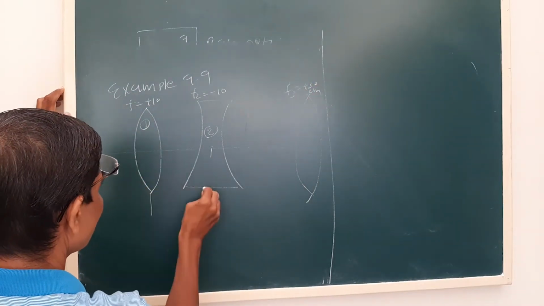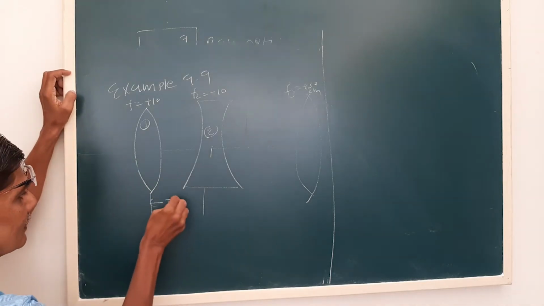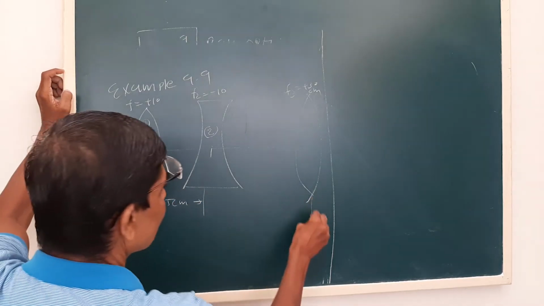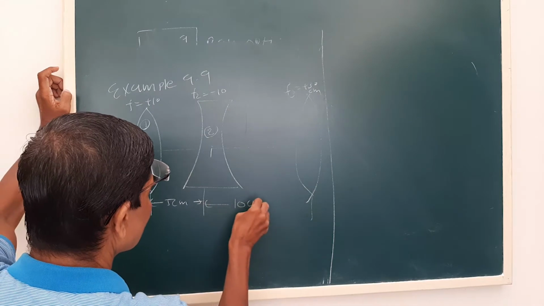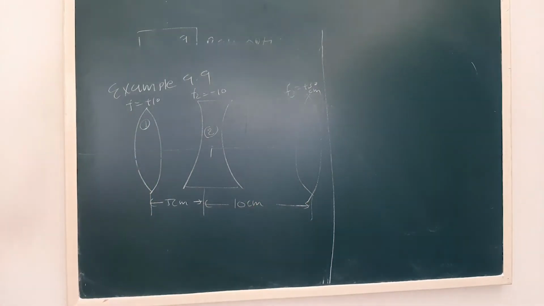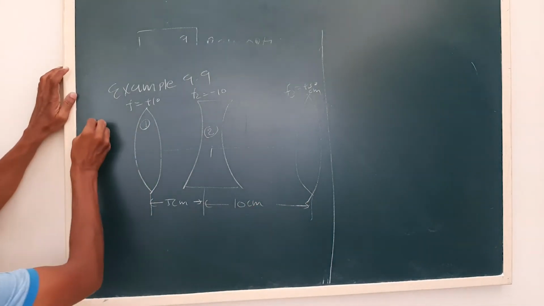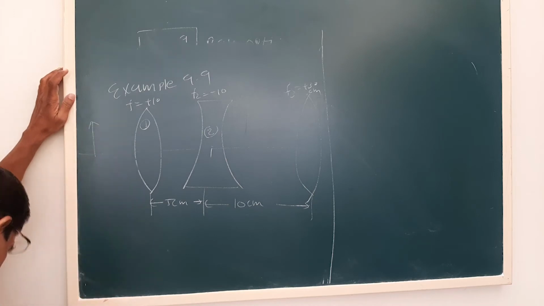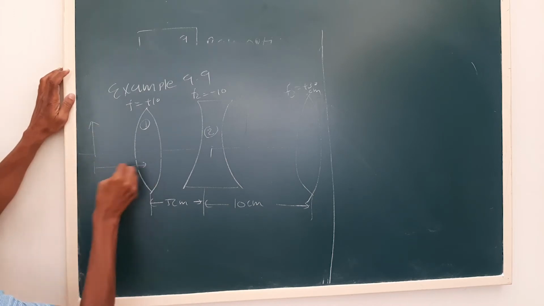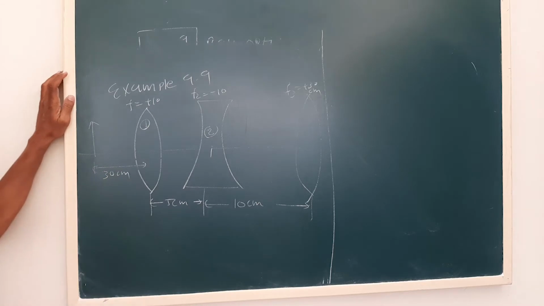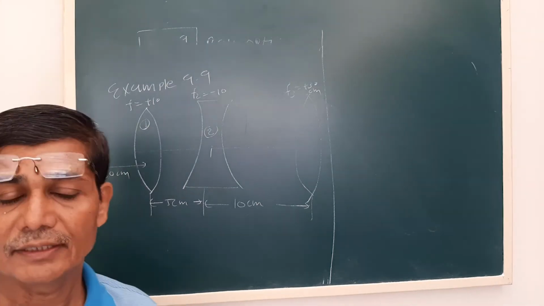Okay, now the distance between the first and second lens is given as 5 centimeter. Second and third lens is given as 10 centimeter. Okay, see, an object is kept at a distance of 30 centimeter. Okay, we have to find out the position of the final image.